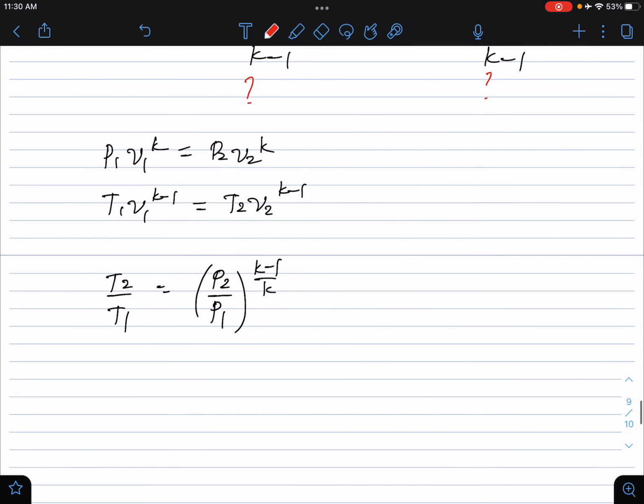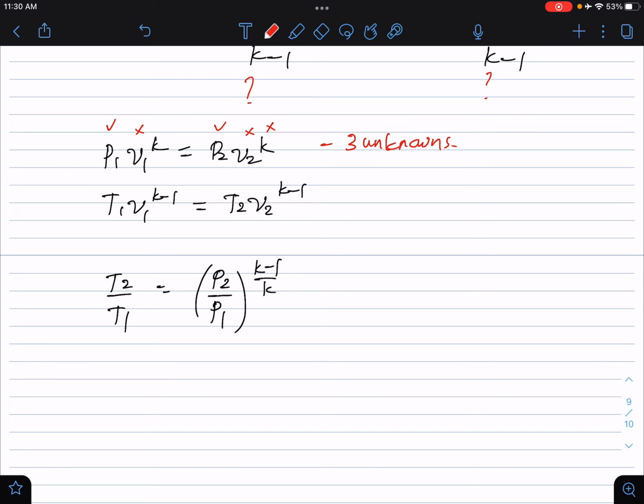Let me check one by one. We have P1, but we do not have V1, V2, and k. So that is 3 unknowns, and it will not help you solve the problem.